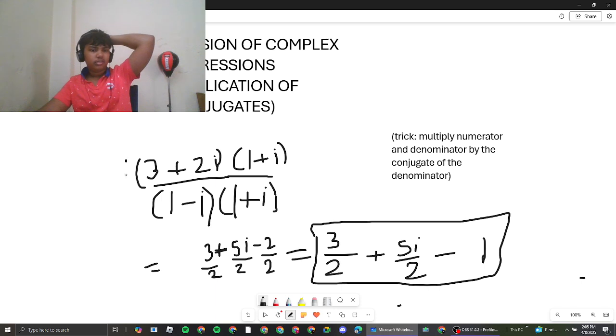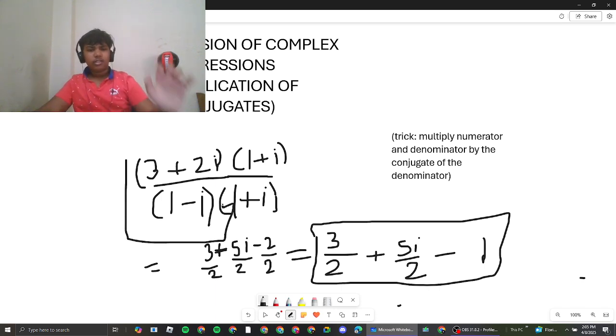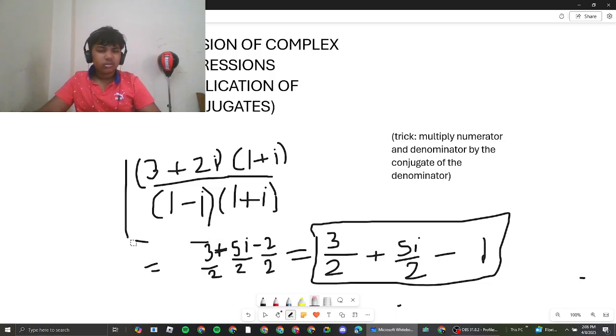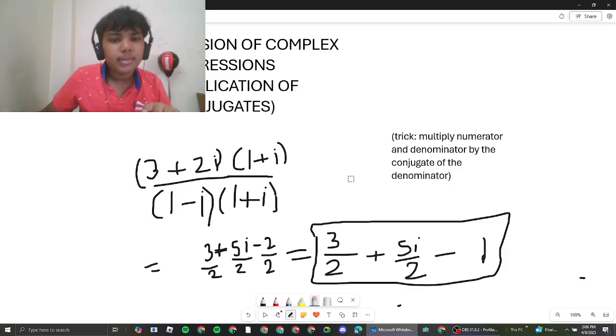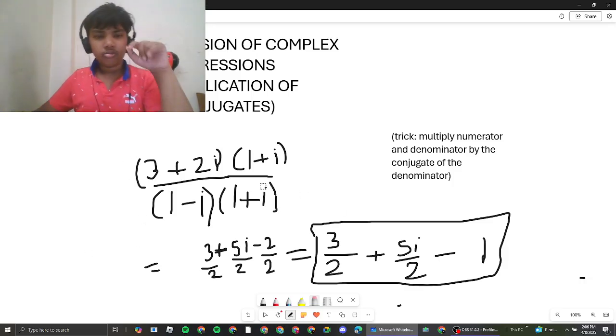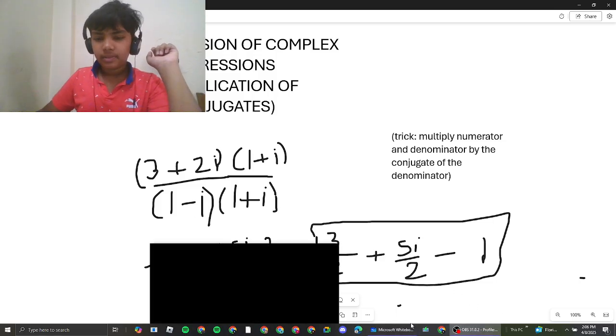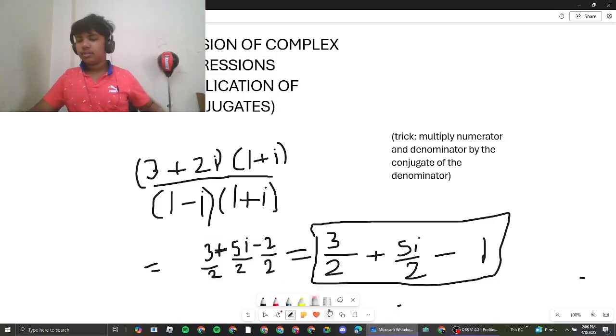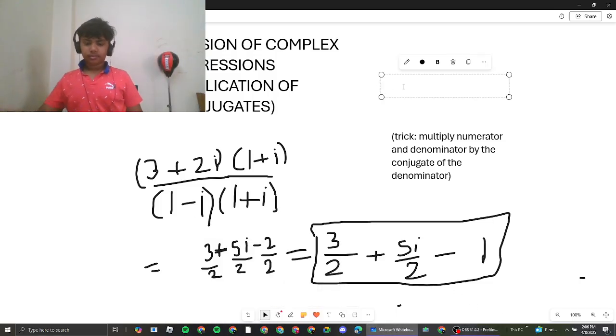Okay, so this was the question. Sorry. Yeah, so the question was this. Okay, you have to multiply the conjugate. So the question was 3 plus 2i upon 1 minus i. And the thing is, let's write another thing here.